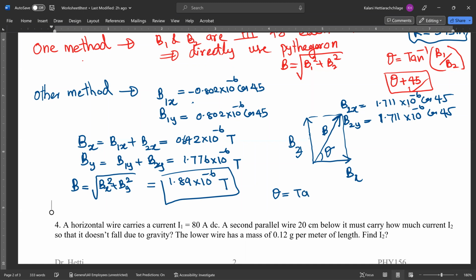Direction will be tangent inverse of By over Bx, and then find theta. I get around 70 degrees. Okay, so now theta with respect to the positive x-axis is, with respect to positive x.